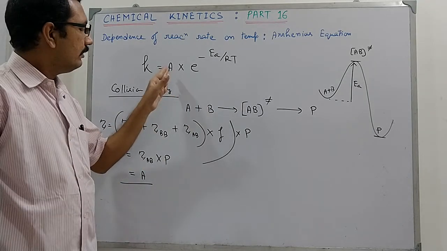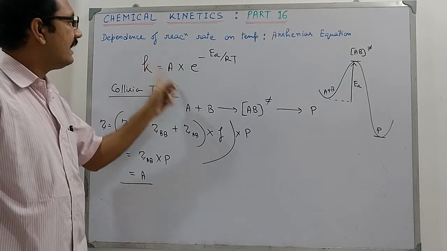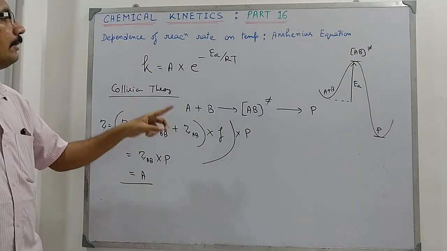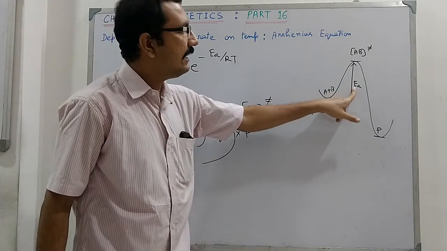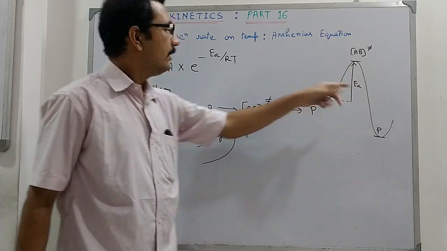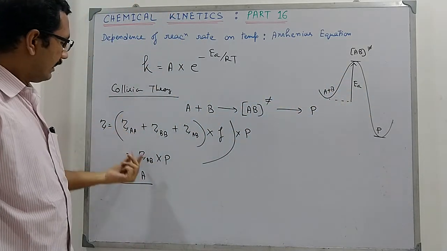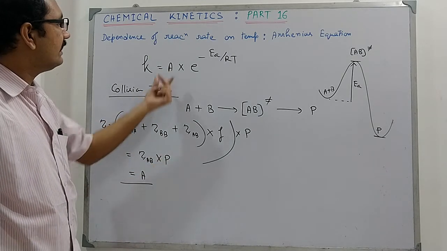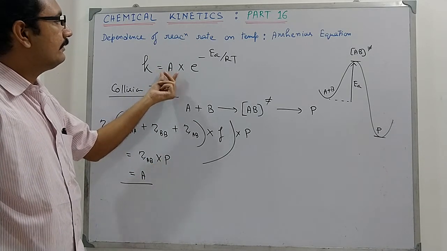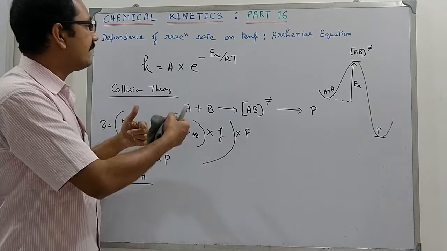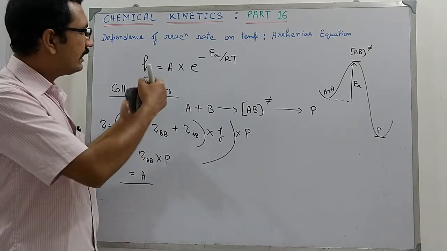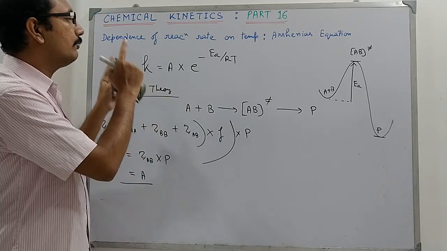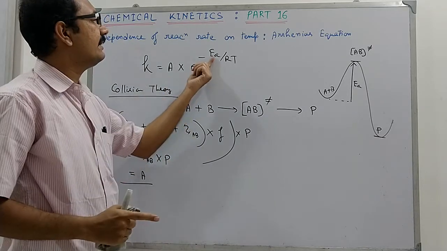Now not all eligible attempts will be successful. Only those will be successful which have sufficient energy to cross the barrier. So you have the number of collisions with proper stoichiometry and proper orientation, that is the frequency factor. There is the total number of attempts which are eligible, and among them only those will be successful which have the necessary energy.